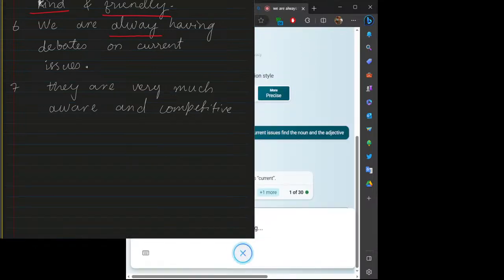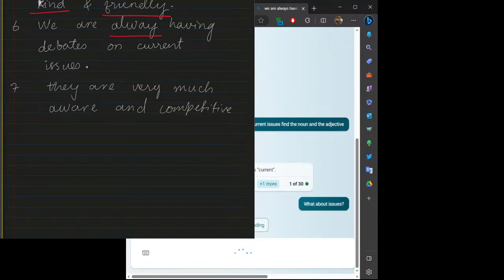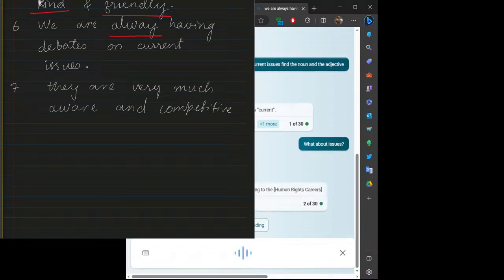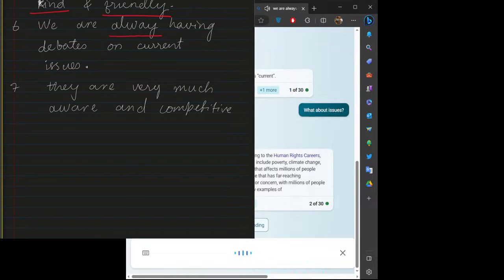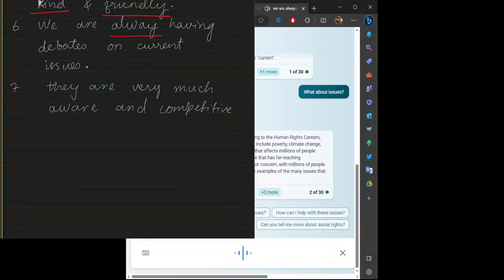What about issues? Doesn't current describe issues? Searching for current issues. There are many current issues that we face today.